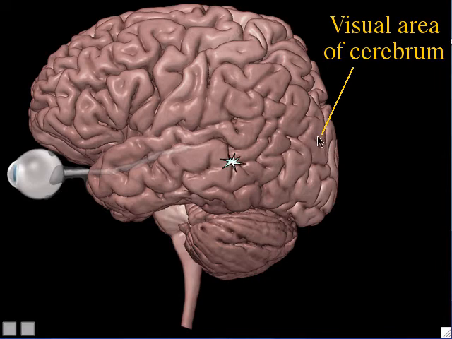In the occipital lobe of the cerebrum is an area called the visual area, or sometimes the visual cortex. And that's the area of the cerebrum that receives and analyzes visual sensory signals. In other words, the signals have to arrive there for you to experience the sight, for you to be able to see the thing that you're looking at.